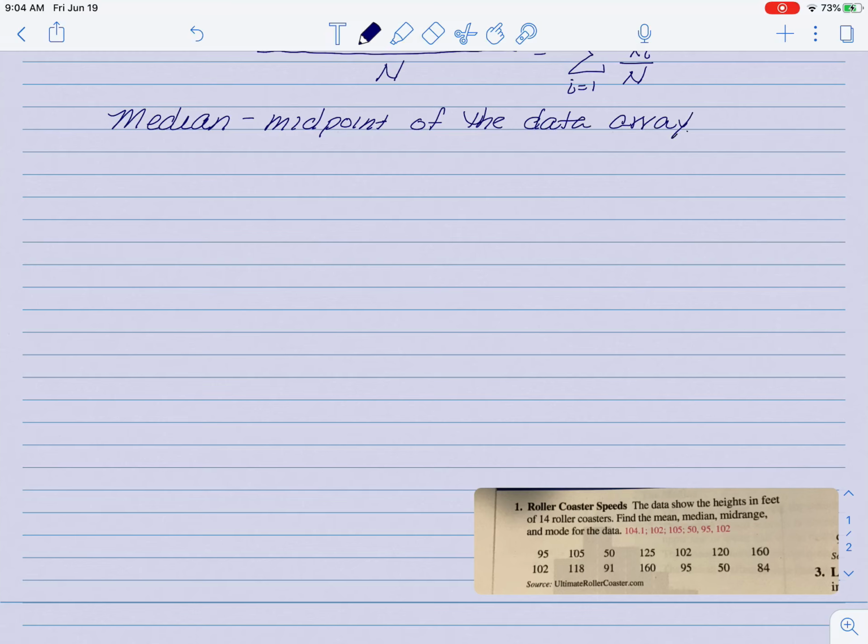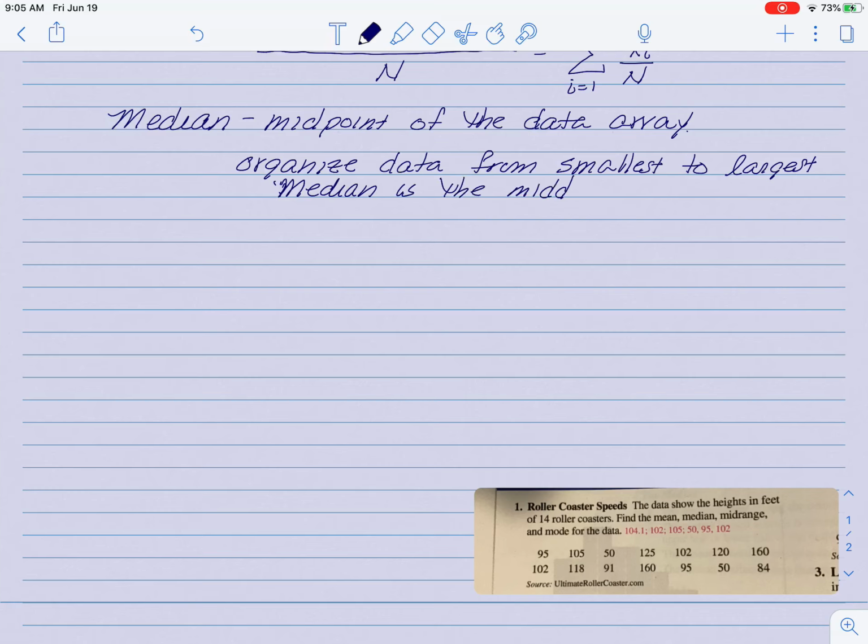So what we mean is if you organize the data from smallest to largest, the median is the middle point of that array.